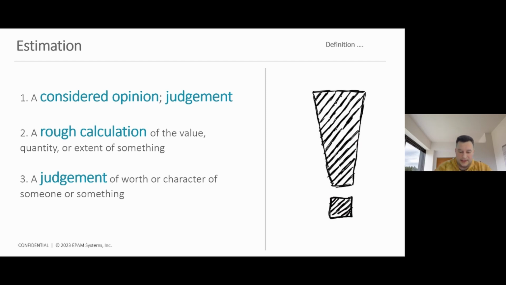Please remember this thought, and you will see during our webinar that this is absolutely true, and we need to have some flashbacks to the estimation basis when we review the next steps of the estimation process as well. So let's go forward. I guess this is clear.